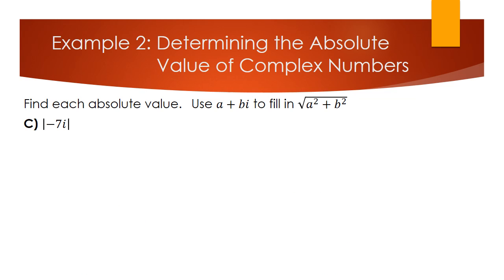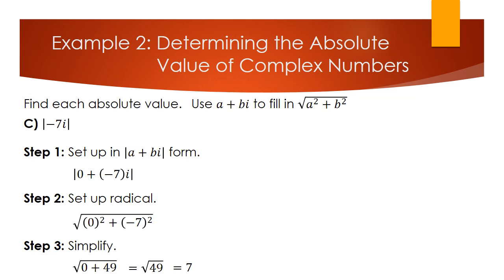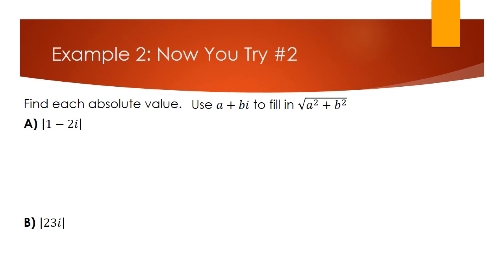Negative 7i. There's no real number, so it's 0. So a is 0. Negative 7 is our b. Set it up. 0 for a, negative 7 for b. Negative 7 squared is 49. Square root of 49 is 7. So follow those same steps for yours. Here you go.